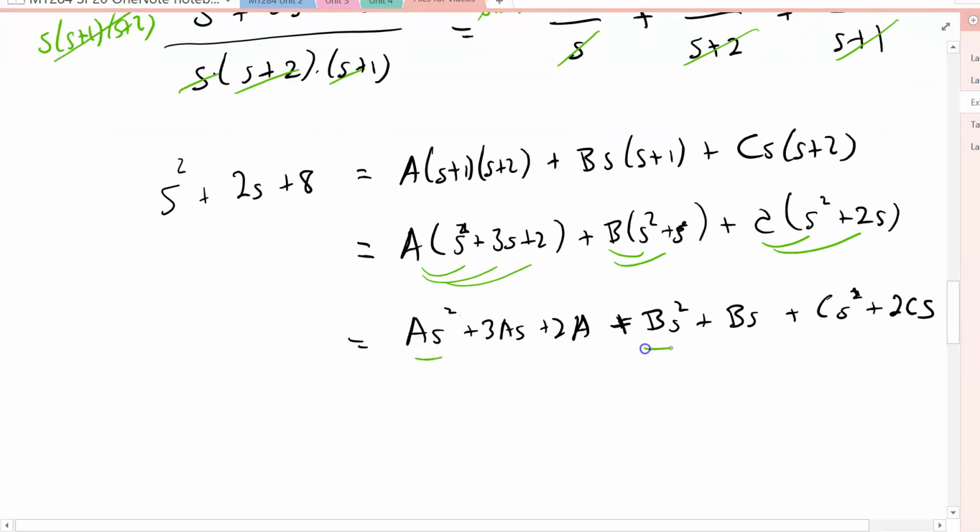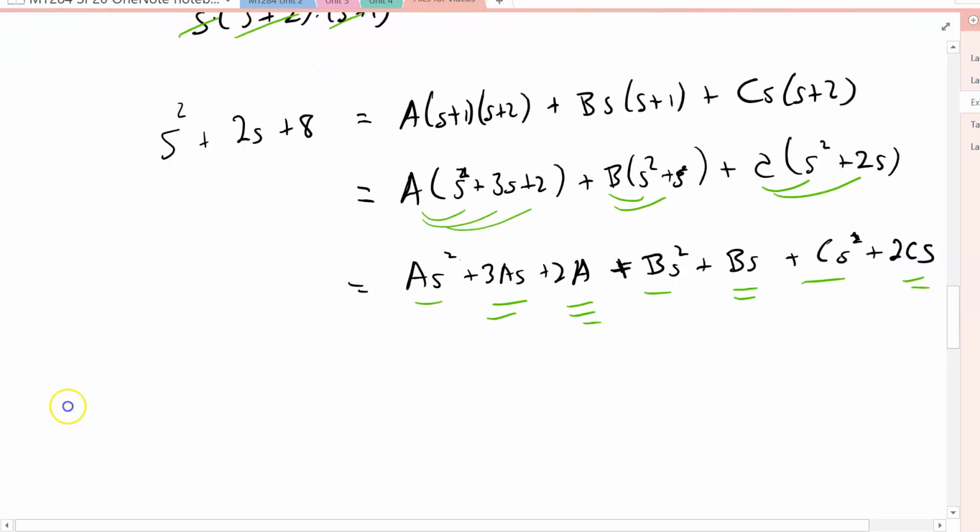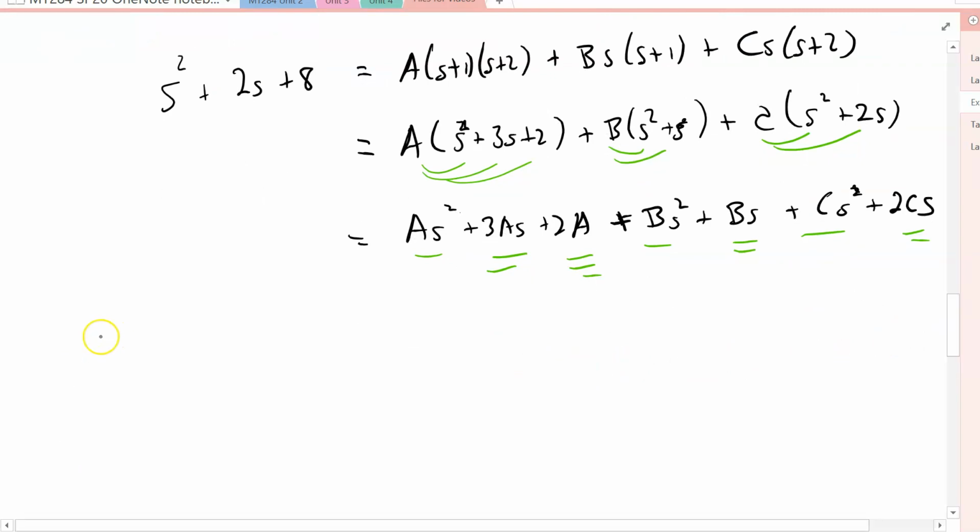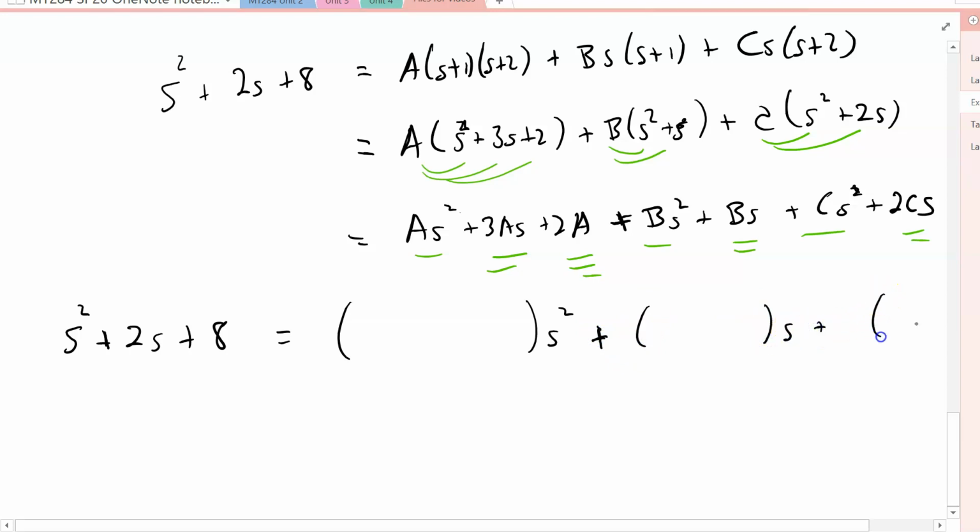Okay, now we want to combine like terms. So we have these s squared terms. How many s terms do we have? 3 of those. And then there's just one constant term. Rewriting that now, we've got s squared plus 2s plus 8 is equal to some number times s squared, where we're looking for these numbers a, b, and c, plus some number times s plus our constant term.